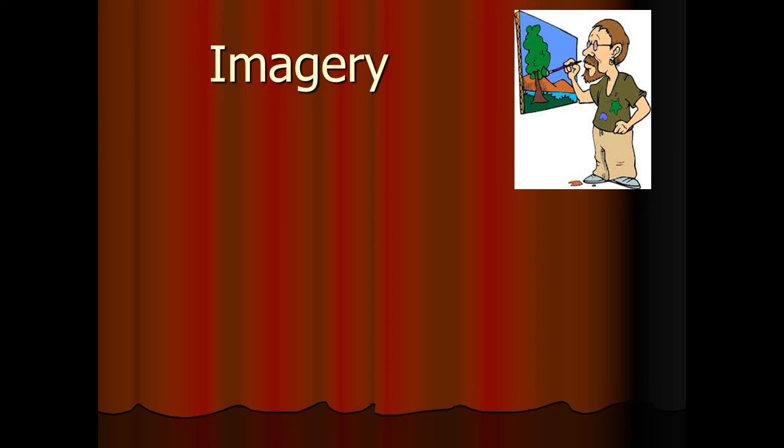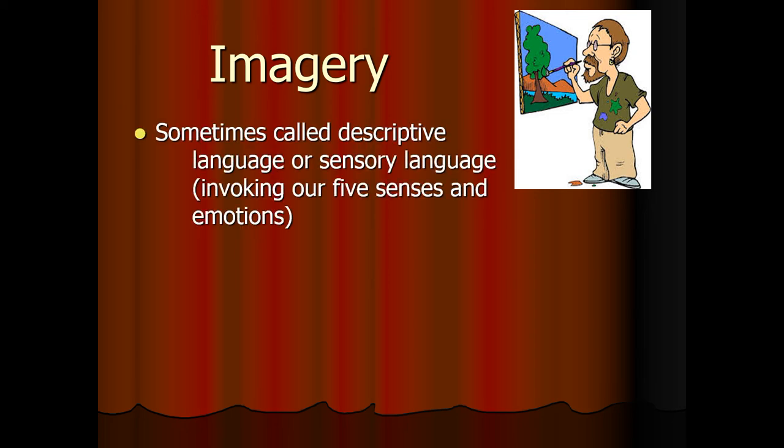Imagery. Imagery is a word that's kind of thrown around a lot, and at some point you kind of have to say, okay, is everything imagery? Maybe. Is it only some things? Maybe. Because it's kind of vague, so I'm just going to be open and telling you that. So imagery, called descriptive language sometimes, or just sensory language because it invokes the five senses or our emotions.